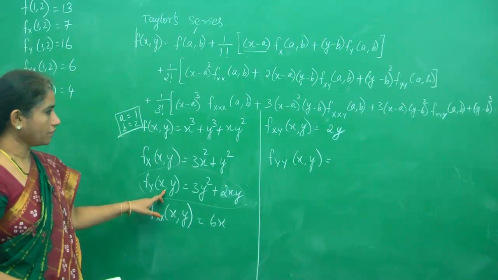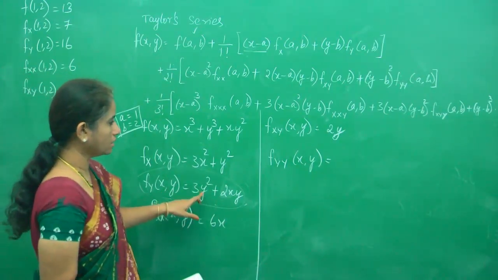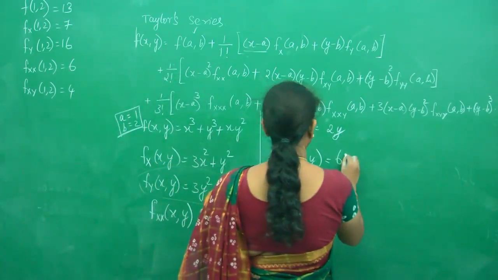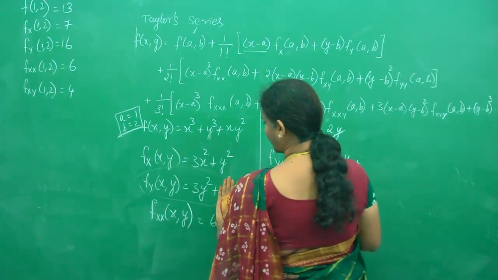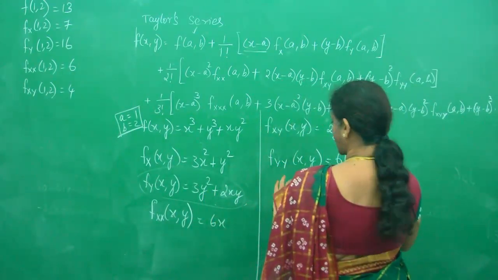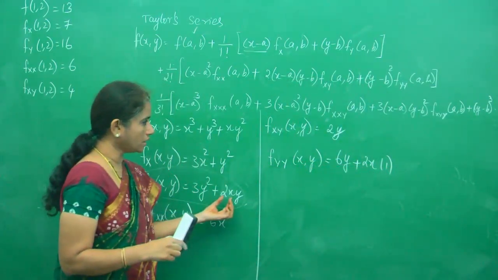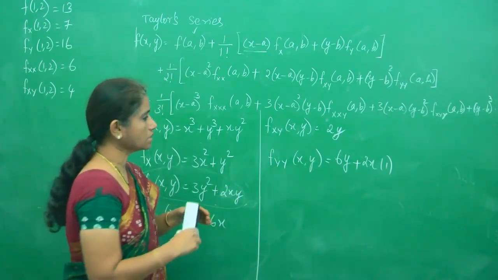So when I differentiate this with respect to y, 3y square derivative is 6y, plus 2x is a constant, so let me write it as it is, 2x, and y derivative is 1. So 6y into 2x constant written as it is, derivative of y is 1.